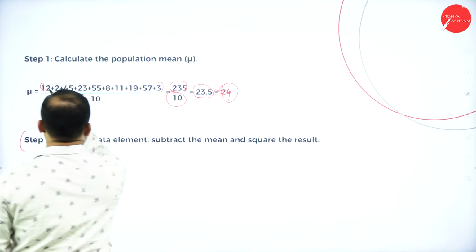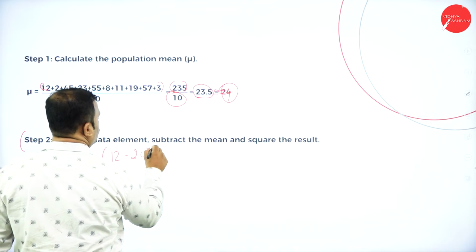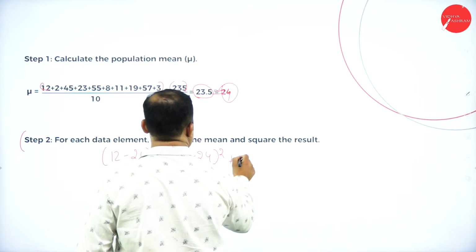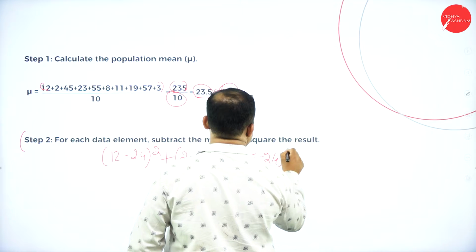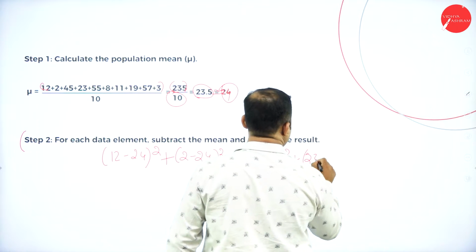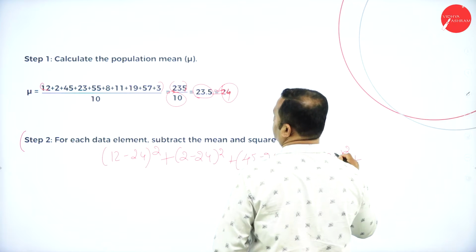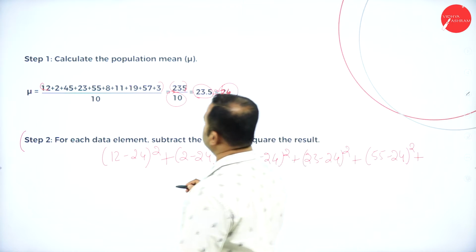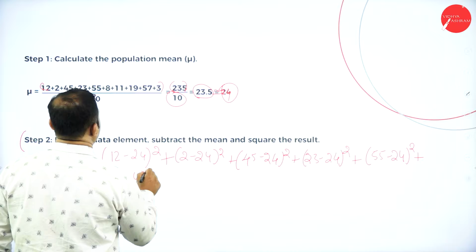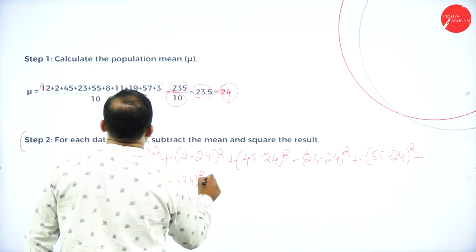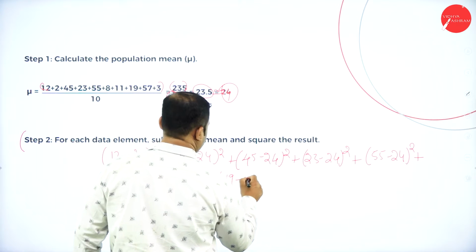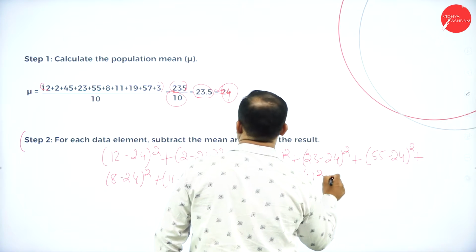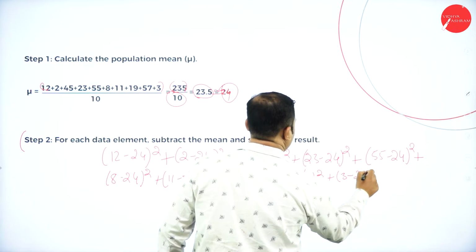Using this method: 12 minus 24 whole square plus 2 minus 24 whole square plus 45 minus 24 whole square plus 23 minus 24 whole square plus 55 minus 24 whole square plus 8 minus 24 whole square plus 11 minus 24 whole square plus 19 minus 24 whole square plus 57 minus 24 whole square, then plus 3 minus 24 whole square.